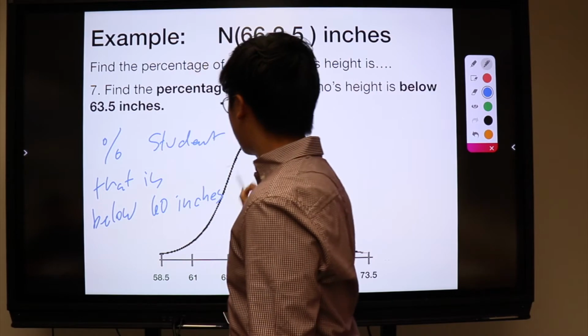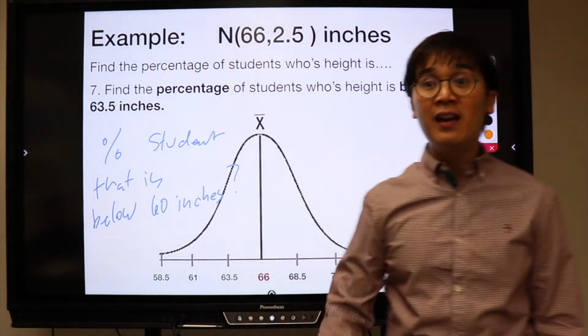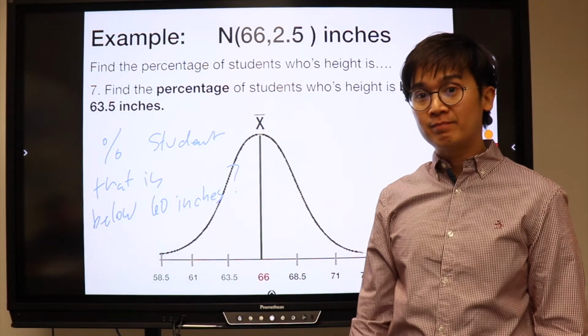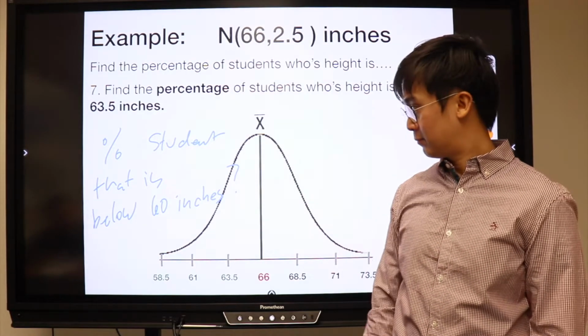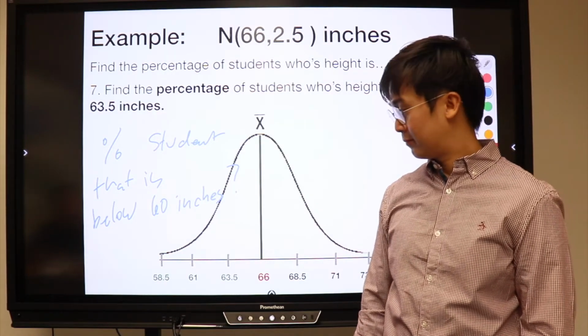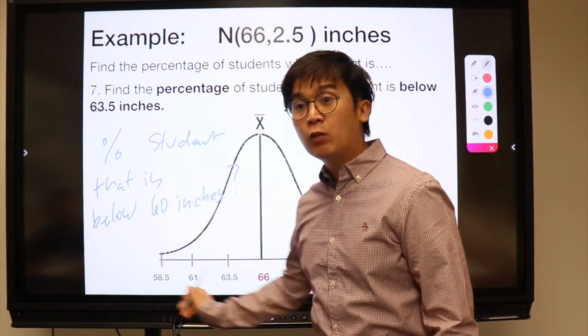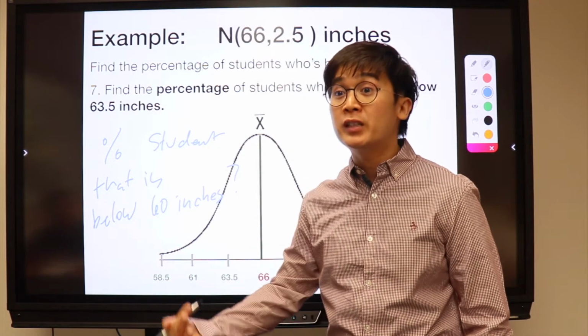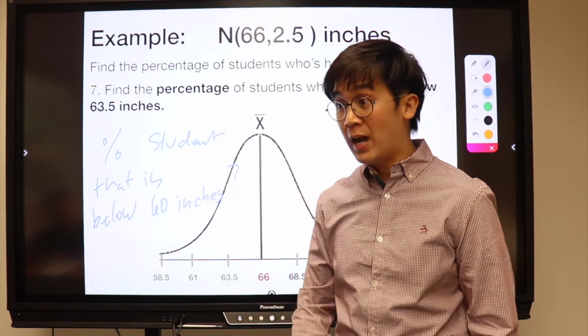Can you compute this problem using the method that we're using? No. Why not? Because it's not equal to the usual standard deviation partitions that we have in the empirical rule, right?